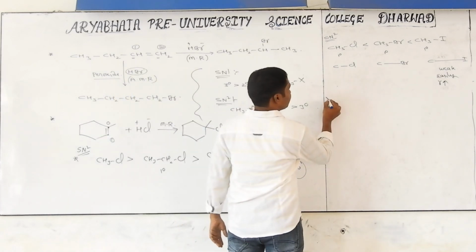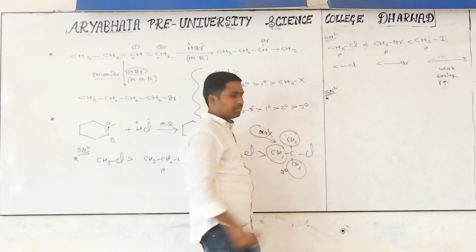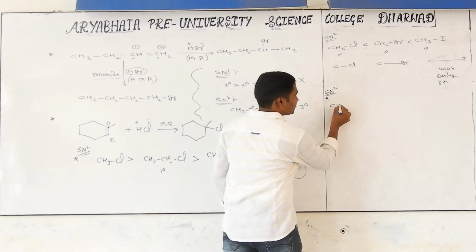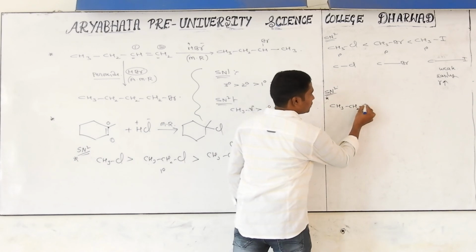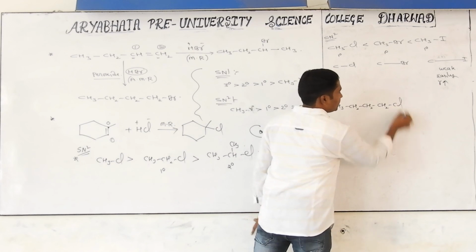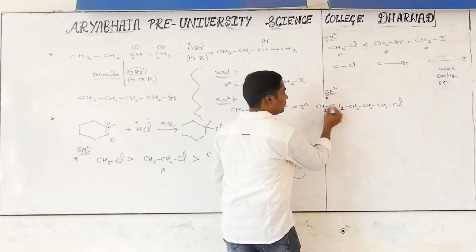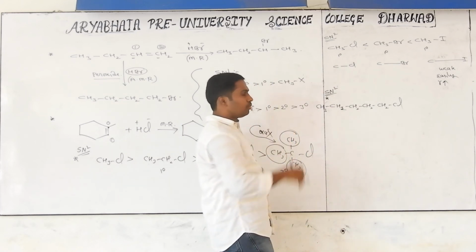Just I will give you some other reactions. SN2 order only I want. For example, I am giving CH3CH2CH2CH2Cl, or otherwise you can take one more CH2, which is chloropentane.